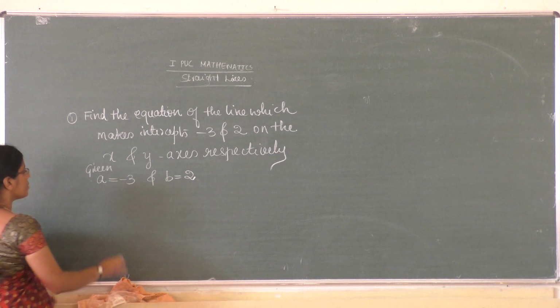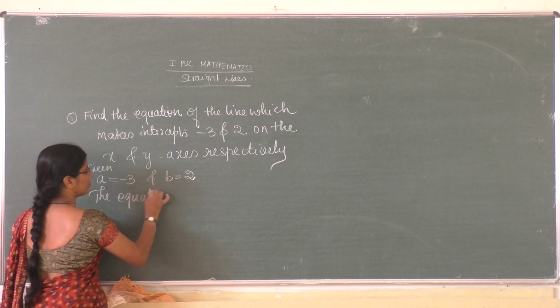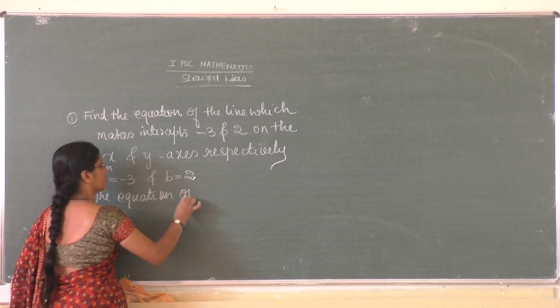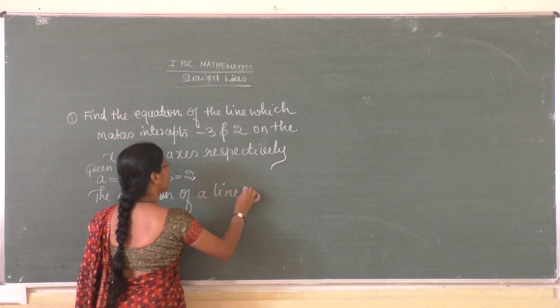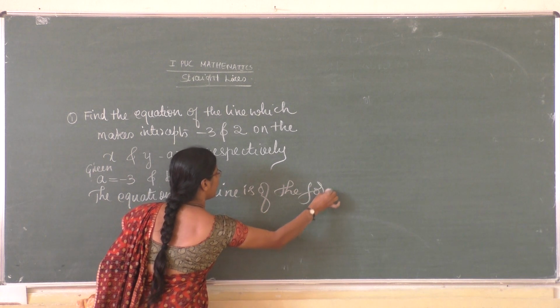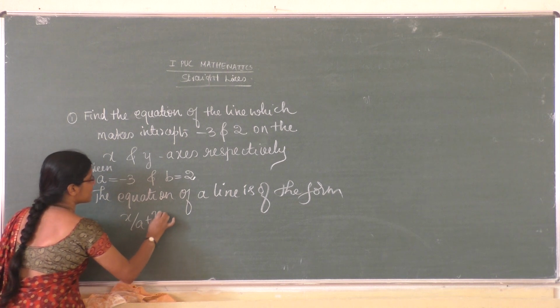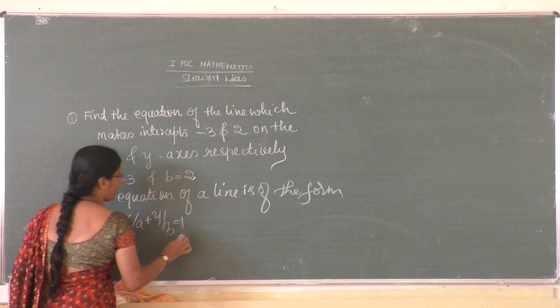Okay, so the equation of a line is of the form x by a plus y by b equal to 1.